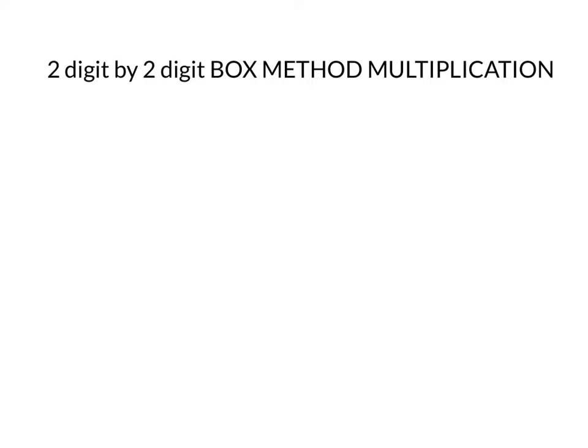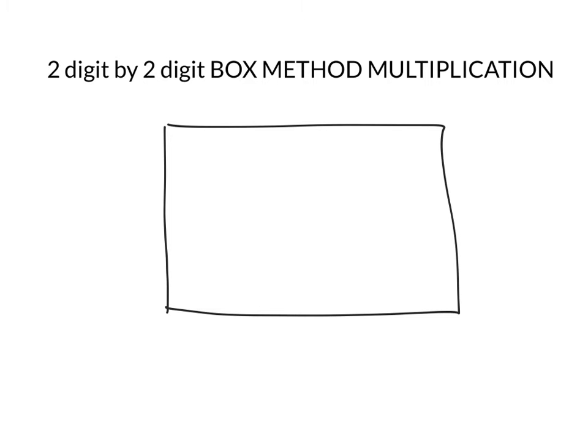So the first step with my box method is I need to draw my box. Then I'm going to look at my factors of letter I, which is 85 times 62.